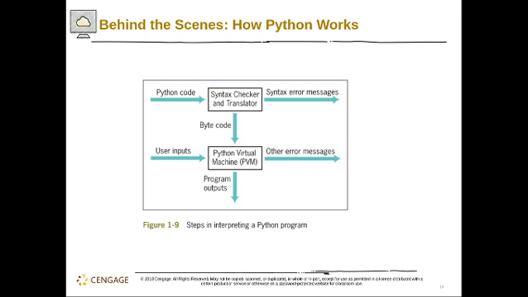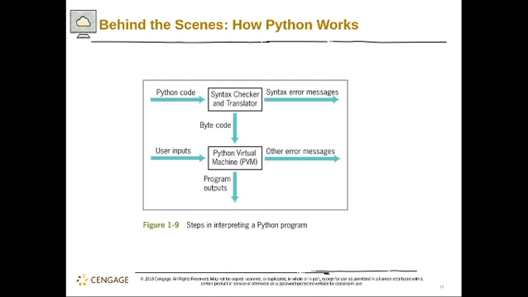You can write it as long as your extension is .py, and then it will run into a syntax checker and a translator. It first checks if there are any syntax errors, and if there are any, it will immediately give us which line and what type of syntax error it is. That is why Python is beginner friendly.